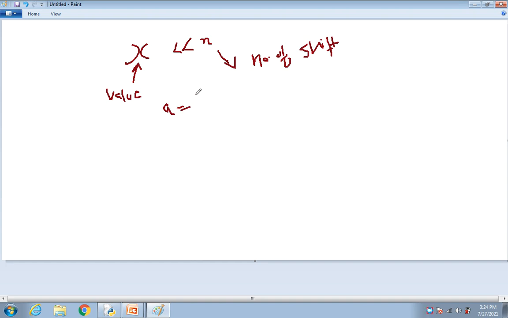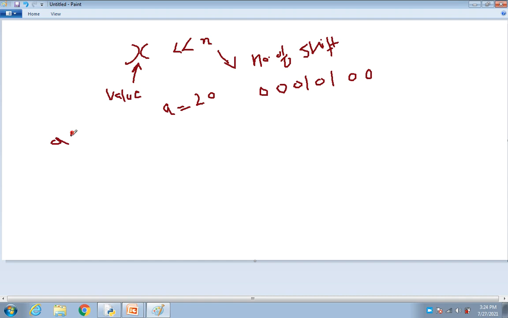Let us take an example. Suppose we have a number a equals 20. You know how 20 is converted into binary, so I am taking it directly: 0 0 0 1 0 1 0 0. This was your 20.